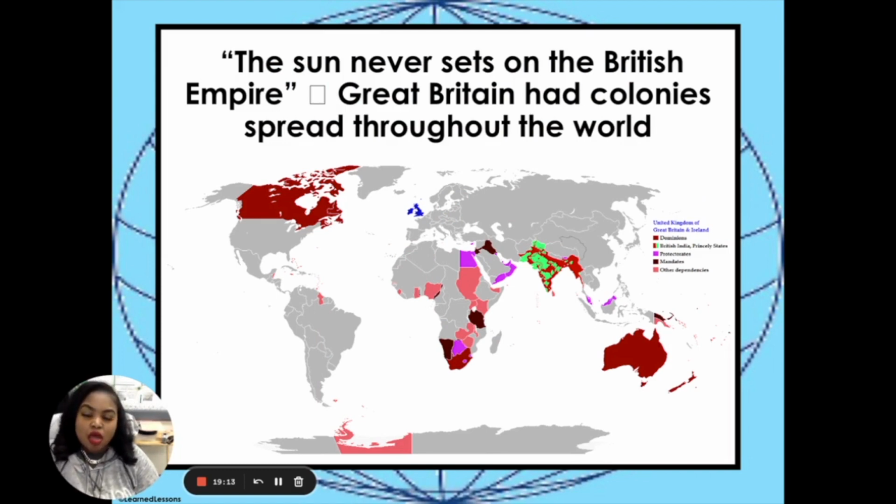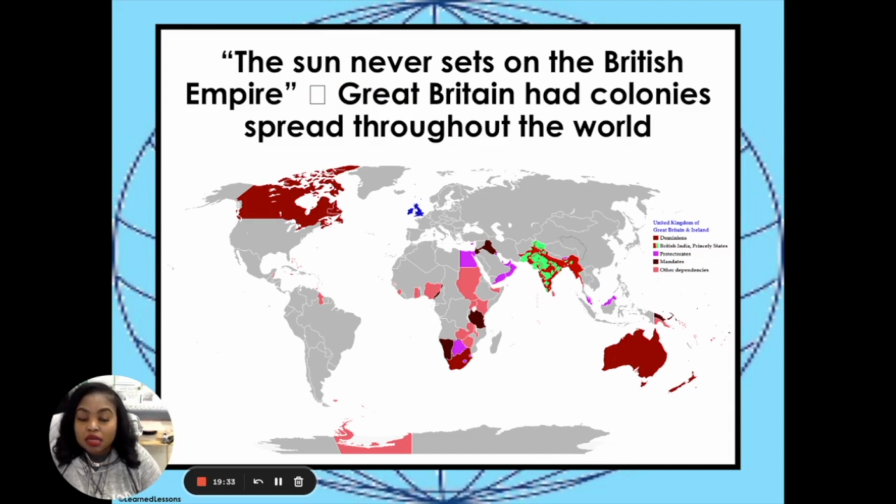never sets on the British Empire. And so what you're looking at here are various colonies that Britain owned throughout the world. So the red represents colonies that they actually dominated, that were owned by them.